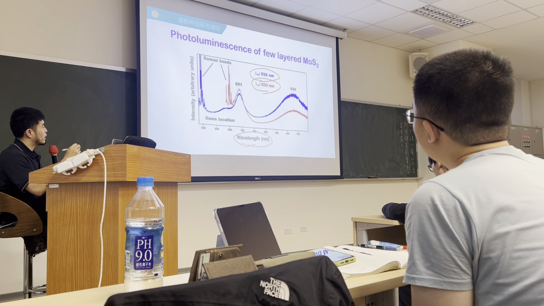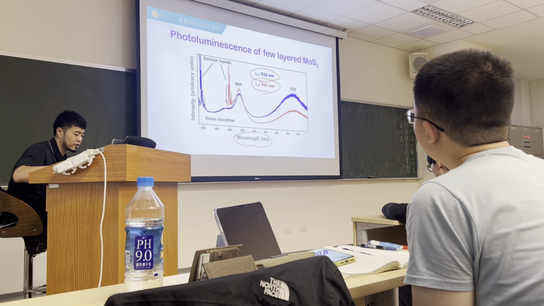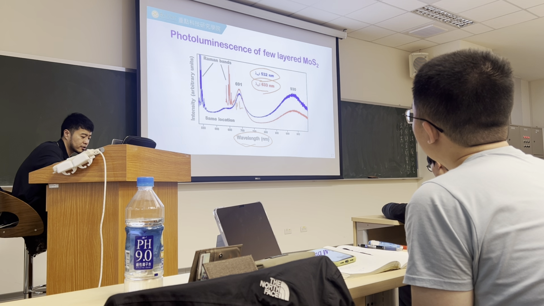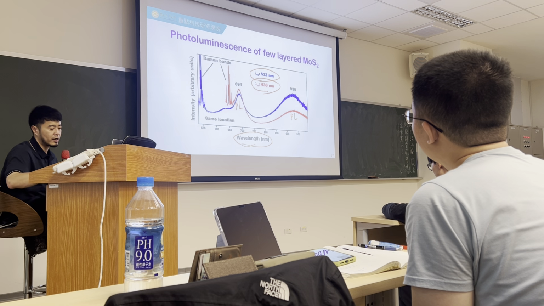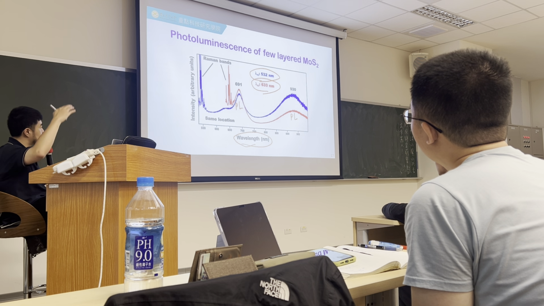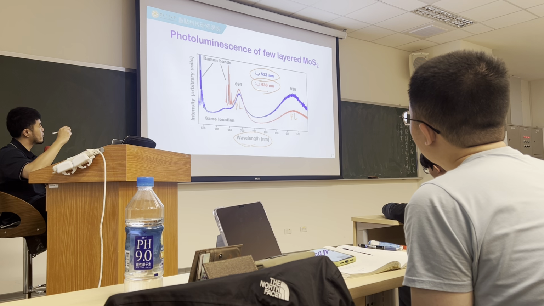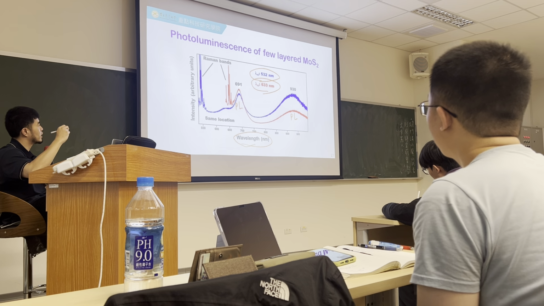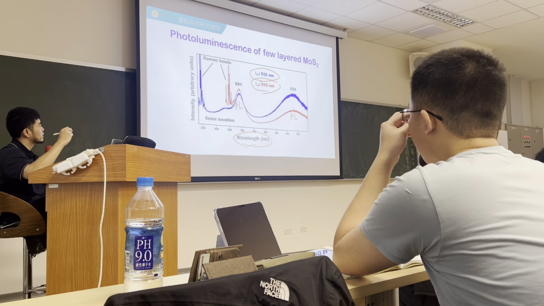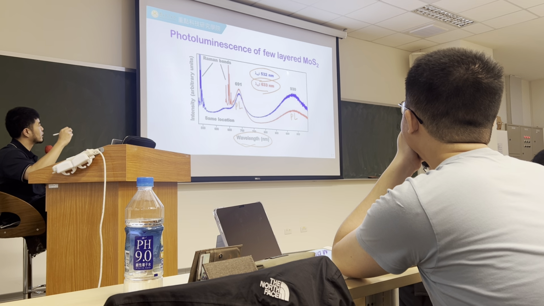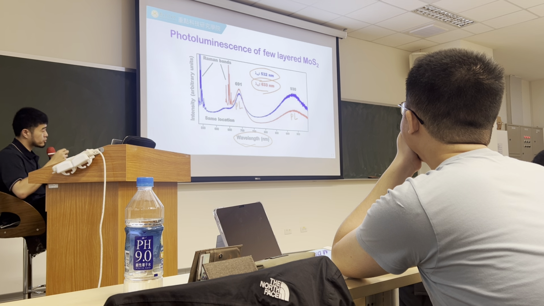And those are the PL signal, the photoluminescence signal. Because they come from the energy level difference of your material, they are fluorescence, so they cannot change location even though you change the laser. So that's the reason.